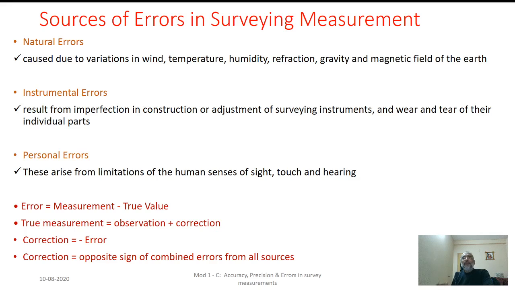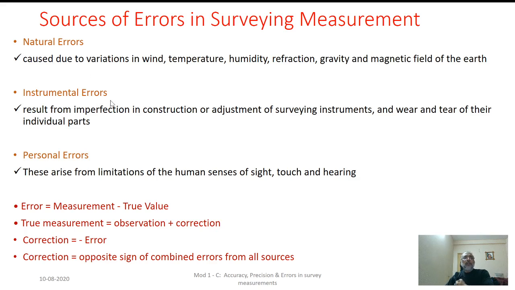But if the existing temperature differs from the calibrated temperature, obviously there will be some elongation as well as some contraction depending on the temperature conditions, which may not be felt by us, but actually they affect the engraved dimension on that scale. Hence, these are treated as natural errors.